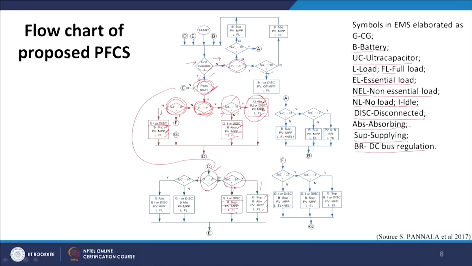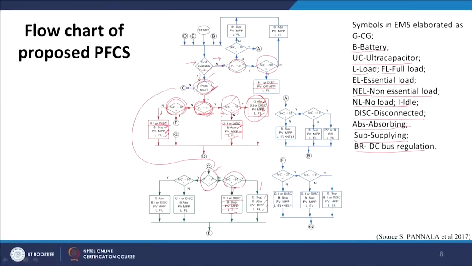So, what will you do? If yes, then you check my battery, and if it is also fully charged, then the battery will be idle or disconnected and PV will be off MPP. Now, if the grid is not available and you have excess energy and the battery is also fully charged, then I have to derate my PV, which will not allow my PV to operate at MPP. I have to lower my PV capacity to keep the energy balance.